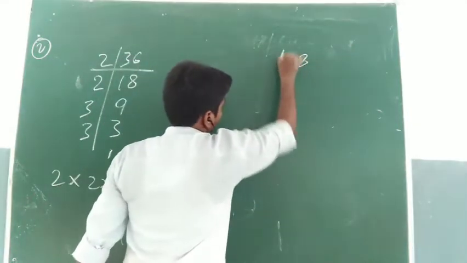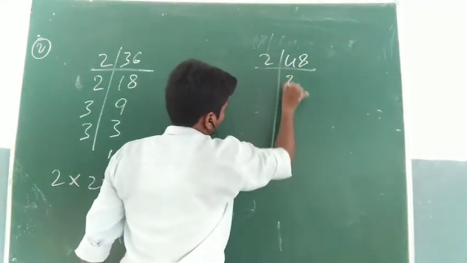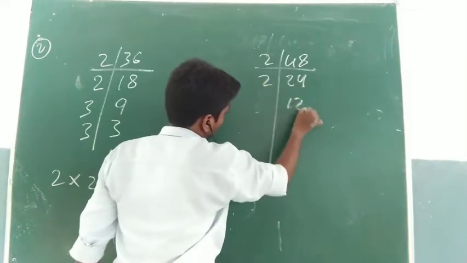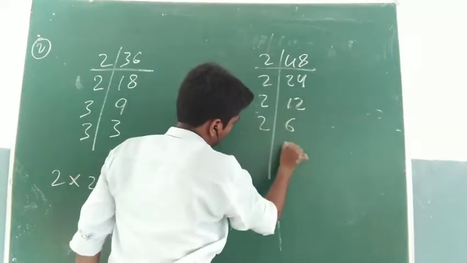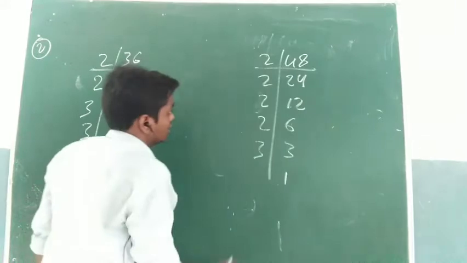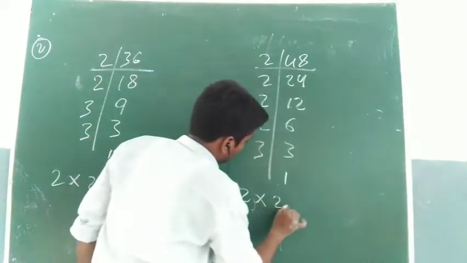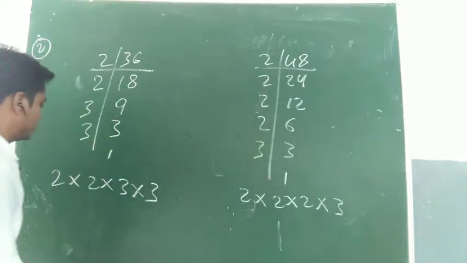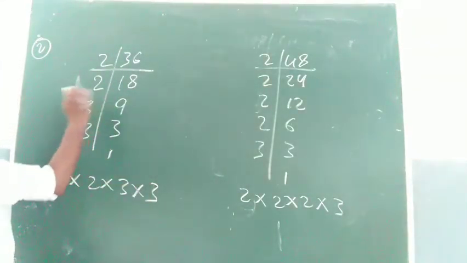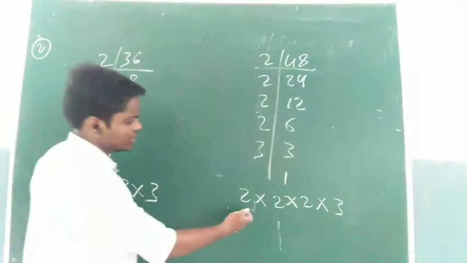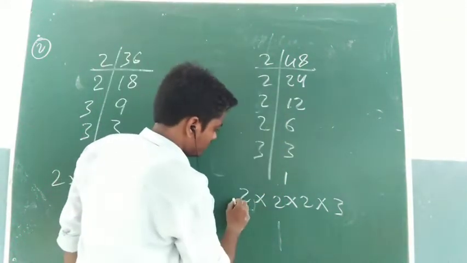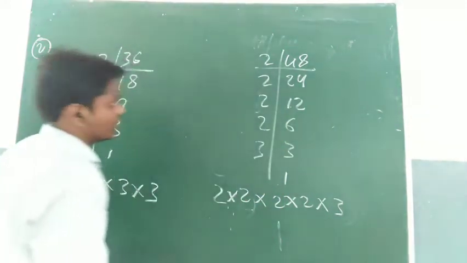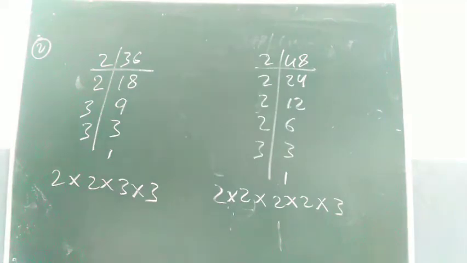We factorize 48 to 24 to 12 to 6 to 3, then 1. So it has the factors 2 into 2 into 2 into 2 into 3. These are the factors, 2 into 2 into 3 into 3, of 36, and this one is the factors of 48.